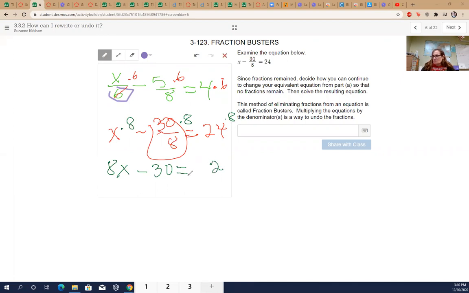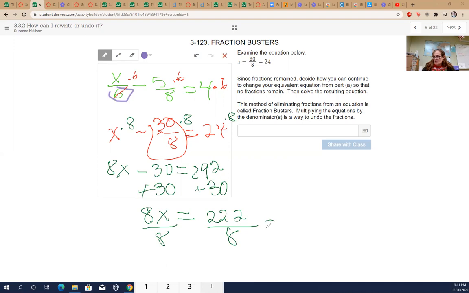That's 32, carry the 3, 16, that's 192. And then we'll add 30 to both sides. And that will be 8x equals, let's see, 2 plus 0 is 2, 9 plus 3 is 12, carry the 1. That'll be 222. Divide everything by 8.